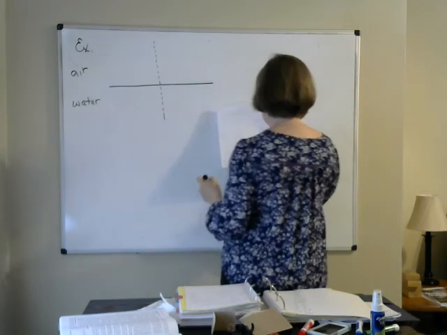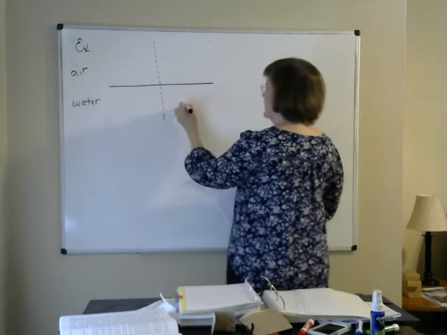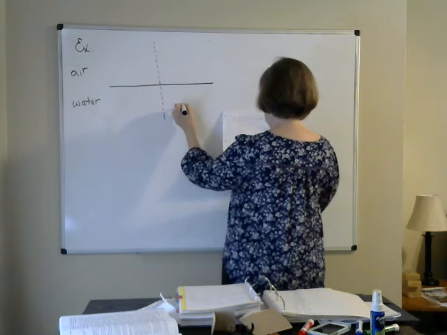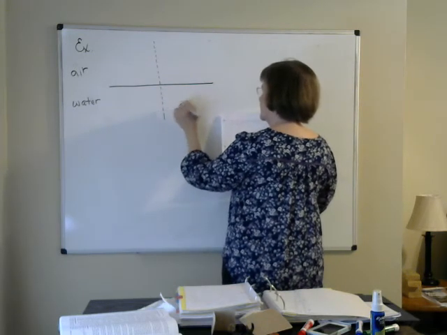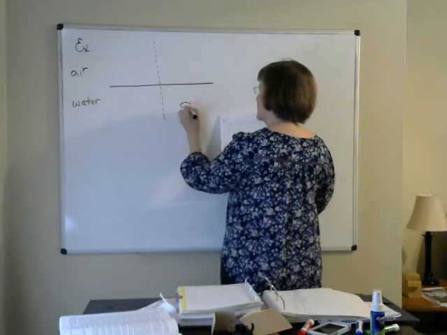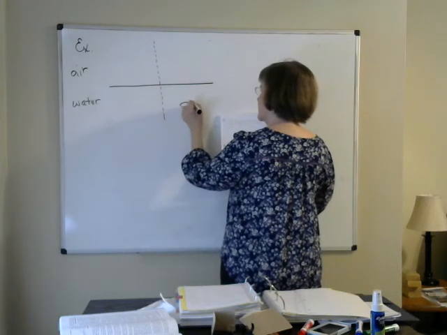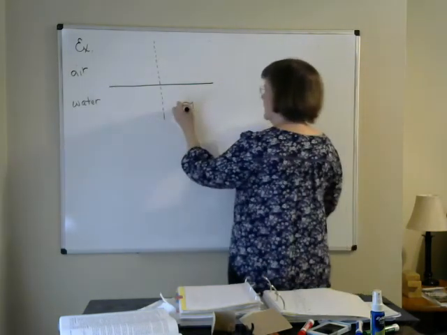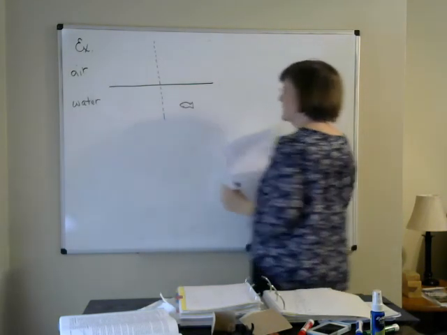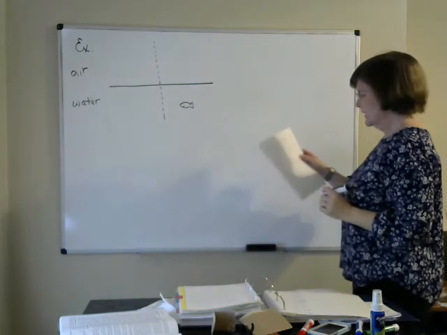And down here under the water is a little fish. Draw a little fish. Looks like a little goldfish cracker kind of fish. There it is. There's my little bitty fish. Okay?